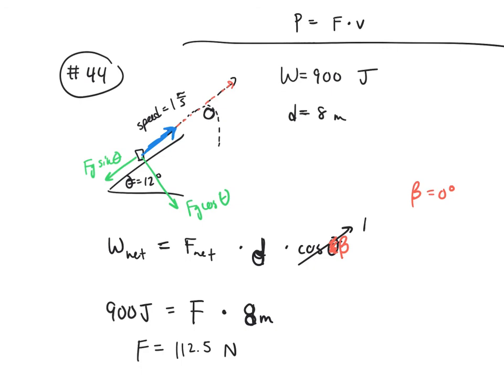But the amount of work done, whether I go at 1 meter per second or 2 meters per second, is not going to change in this problem. So for part A, the simple answer is it's still 900 joules of energy being done in the form of work, and that work is done to increase the potential energy of the object going from here up to the top of the ramp.